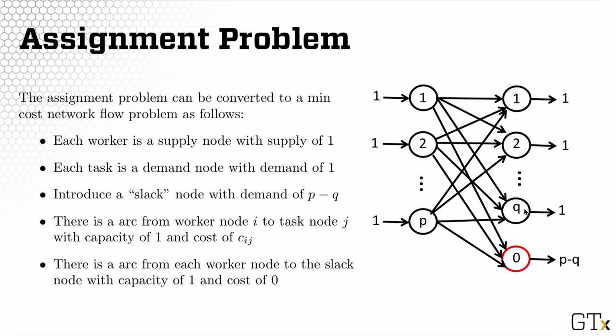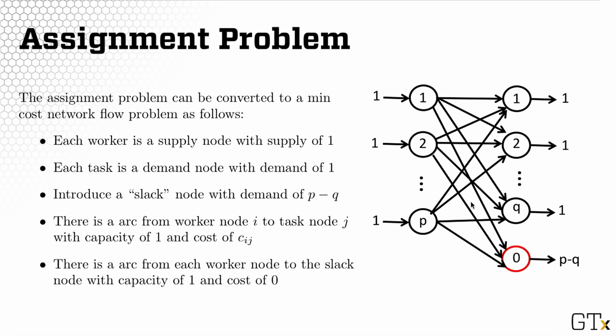How do we model this as a network flow problem? First, we introduce a node for each worker and a node for each task. Each worker has a supply of 1, and each task node has a demand of 1. We introduce a slack node, the 0 node, which has a demand of P minus Q. Remember that P could be bigger than Q, so there might be some workers that are not assigned to any tasks.